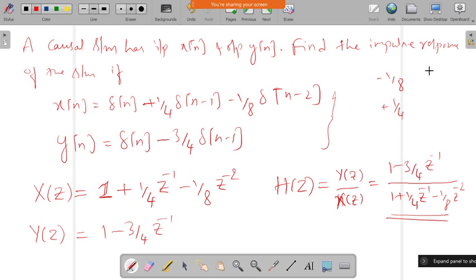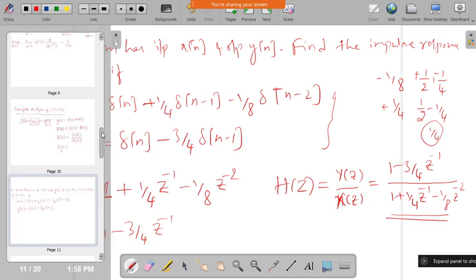Now, if I take plus 1 by 2 and minus 1 by 4, we can see the product will be minus 1 by 8, and the summation will again be equal to 1 by 4. So the roots are plus 1 by 2 and minus 1 by 4.